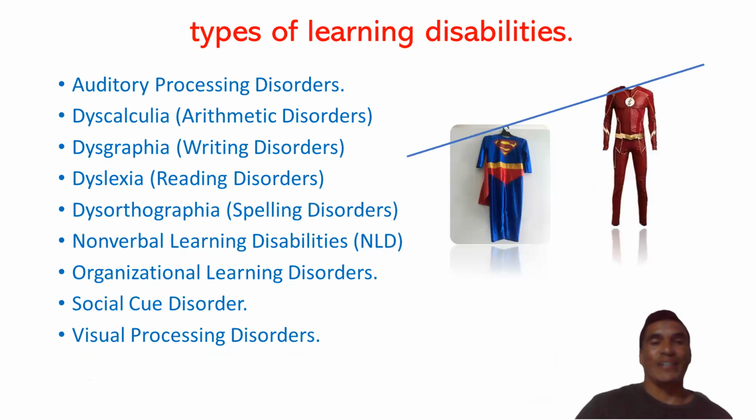The next slide represents the Flash costume: types of learning disabilities. We have auditory processing disorders, dyscalculia (arithmetic disorder), dysgraphia (writing disorder), dyslexia (reading disorder), dysorthographia (spelling disorder), nonverbal learning disabilities, organizational learning disorders, social disorders, and visual processing disorder.